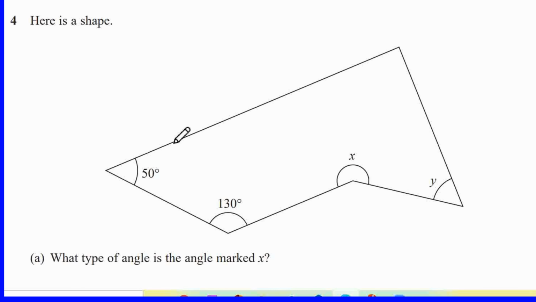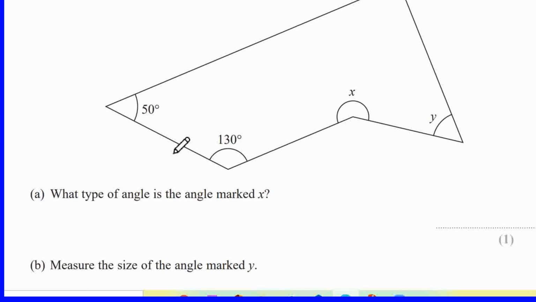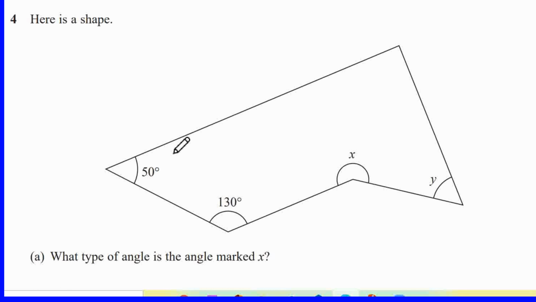Alright, next, let's see number 4, here's a shape. What type of angle is the angle marked X? So this is more than 90.